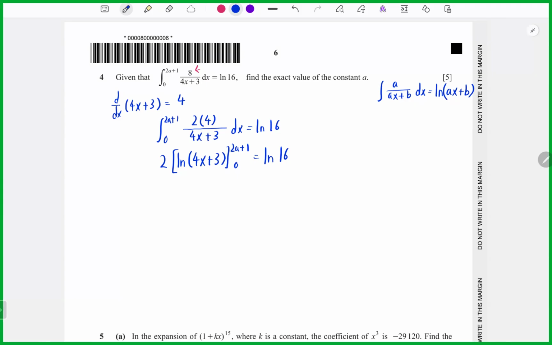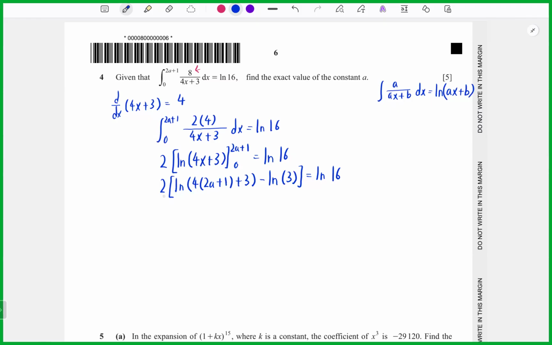Or ln 16 also can be 2 times bracket ln of 4 times (2a plus 1) plus 3, minus ln 3. Now we try to find out the value first.